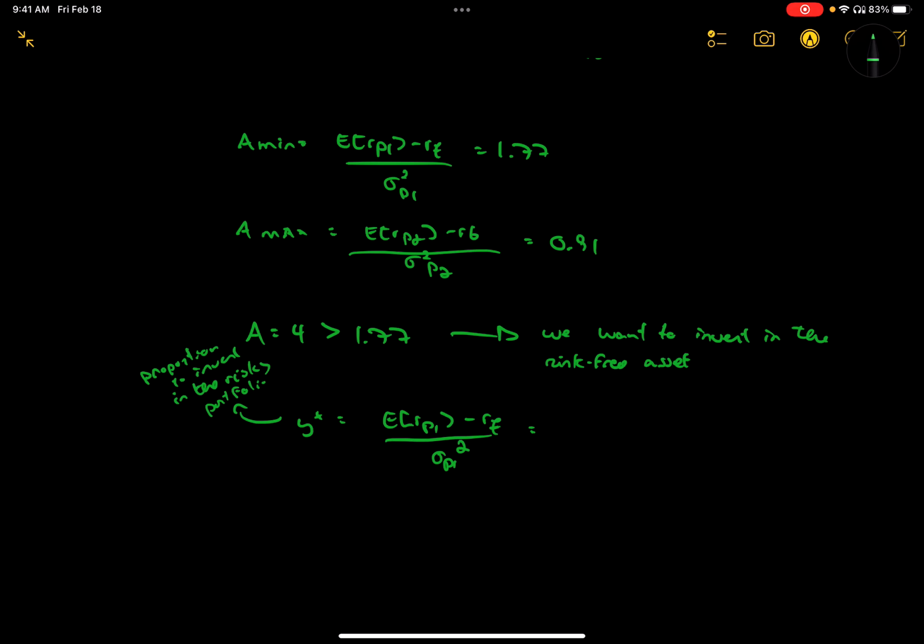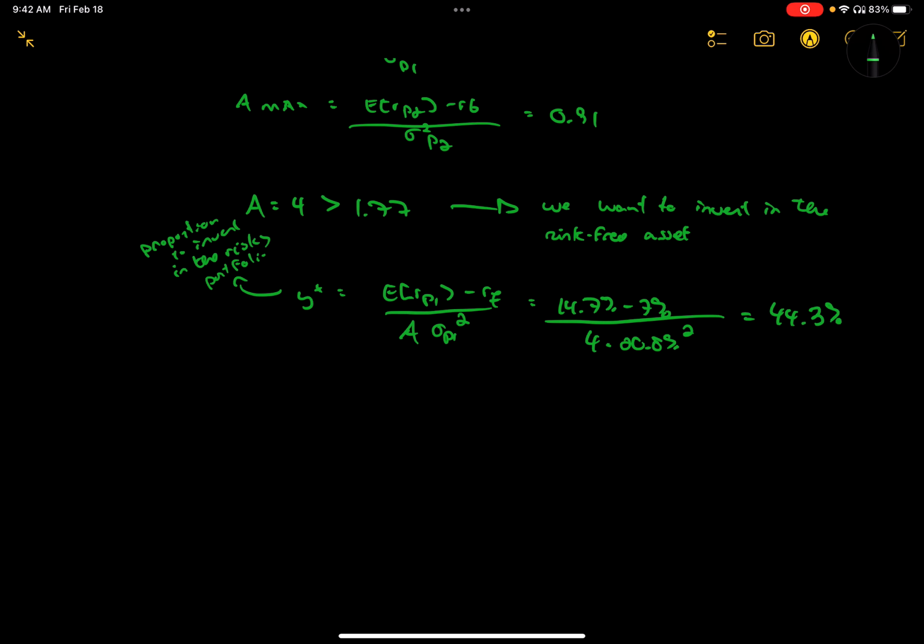I think I'm missing something. Oh yeah, 4. So that's equal to 14.7% minus 7%, over 4 times 20.8% squared, and we found 44.3%.